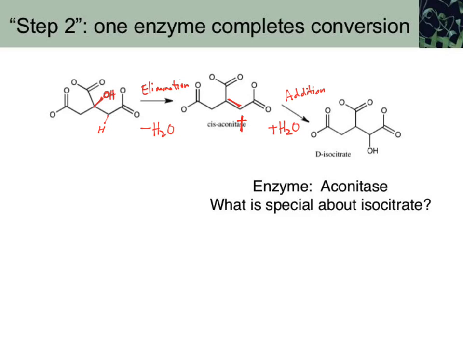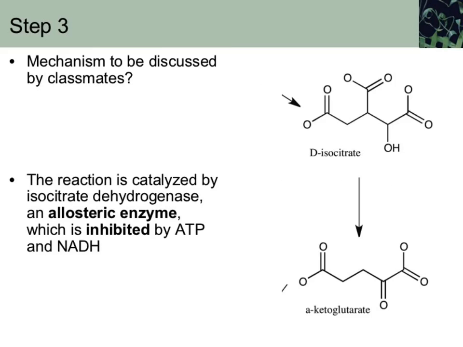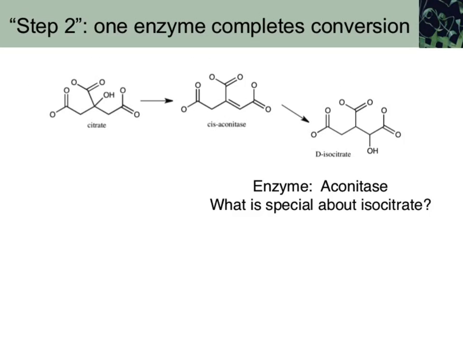What happens in the next step? I convert the alcohol into a ketone. Couldn't I have converted the alcohol into a ketone at citrate? Why not? It's not sterics. If we tried to make a pi bond there, what happened? We'd exceed the octet on our central carbon.